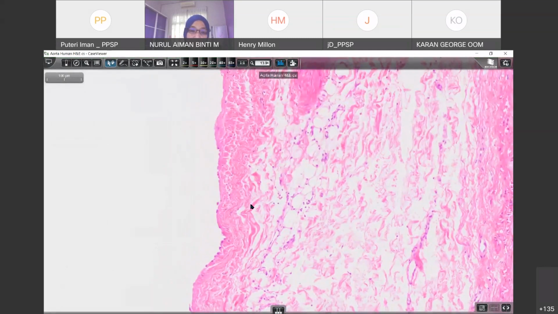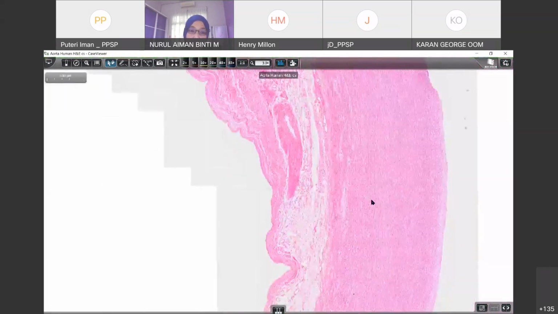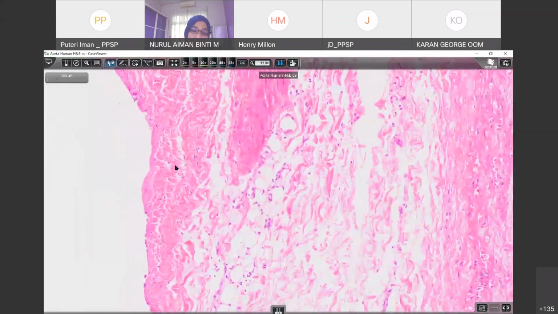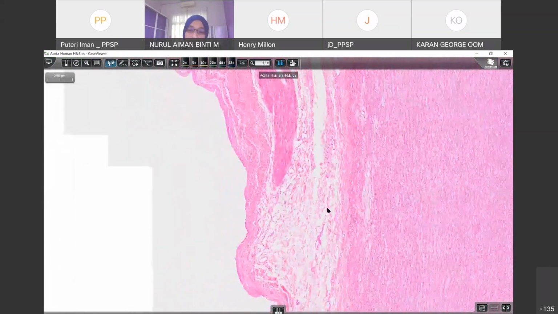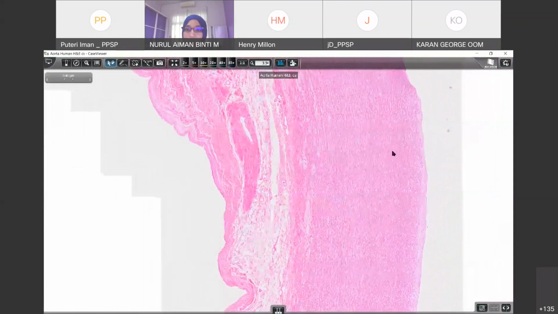So this is actually the slide of the aorta. The aorta is part of the largest blood vessels in the body, the artery. Here is a tip: look at either the outer part or the internal part, because the epithelium covers the surface.